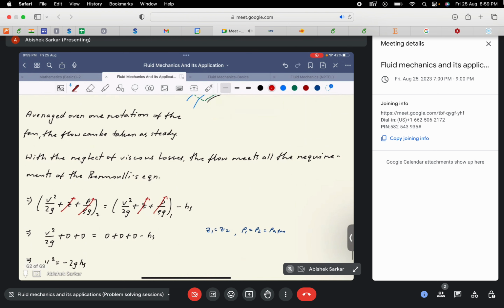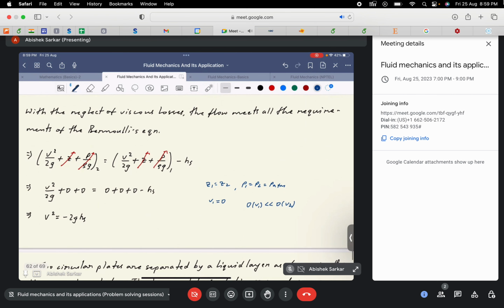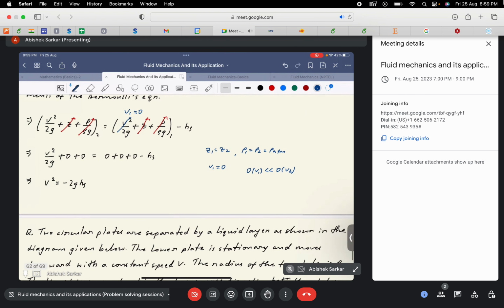So V1 can ideally be taken as equal to 0. Or again, you can use the concept of order of magnitude: the order of magnitude of V1 is much less than the order of magnitude of V2. So keeping that in mind, V1 is equivalent to 0. So we only remain with V square by 2g equal to minus hs. So we have V square equal to minus 2g hs.